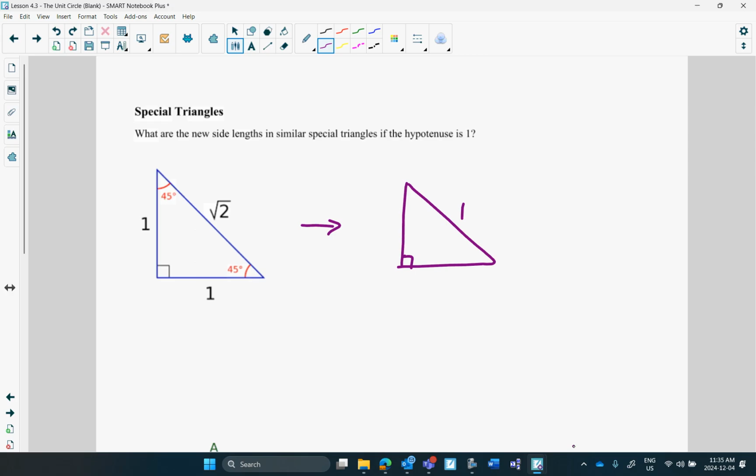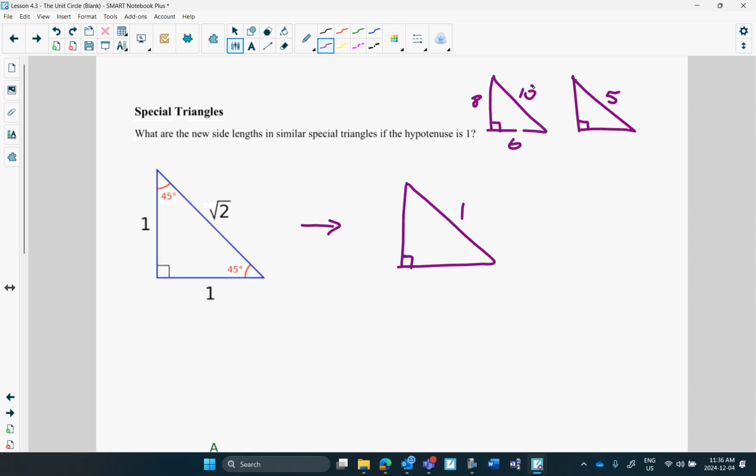Like, okay, let's say this was 6, 8, 10. And I want to make a similar triangle where this is 5. What would the legs be? Divide by 2, right?